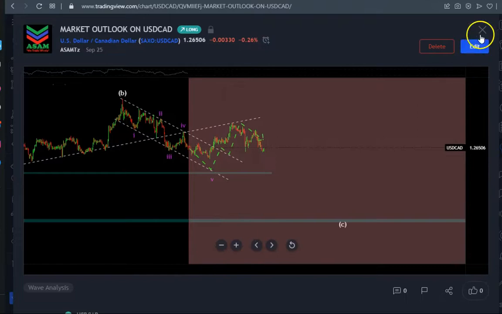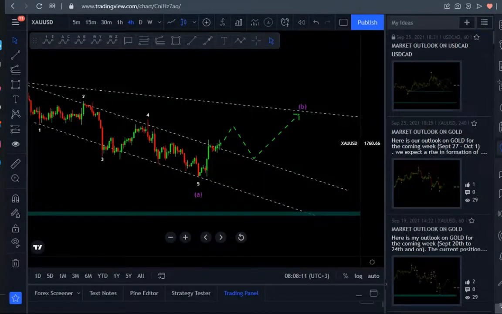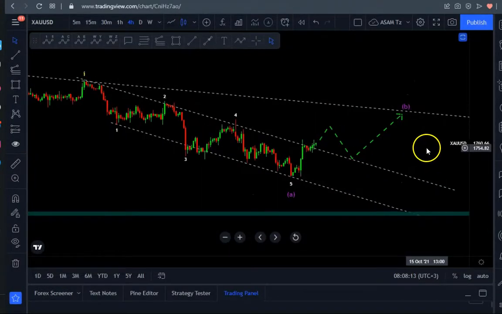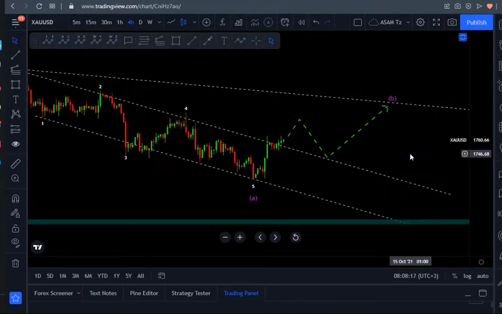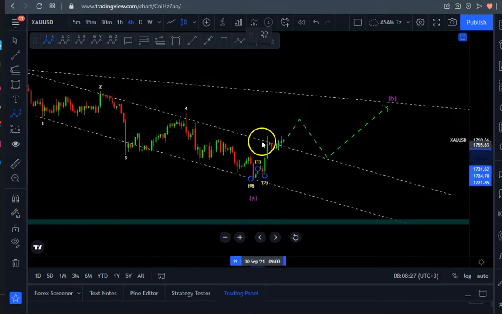Actually, it did well. So my target here is to see what's going to happen on gold. So gold up to the moment has done the 1, 2, 3, 4. Now it is running with wave 5.